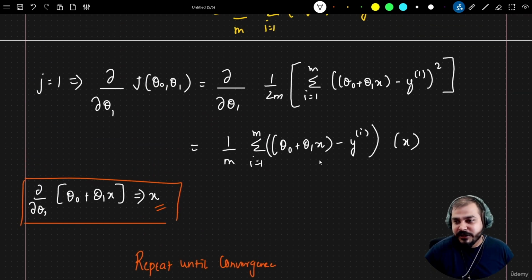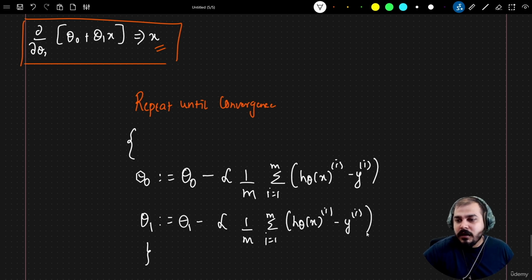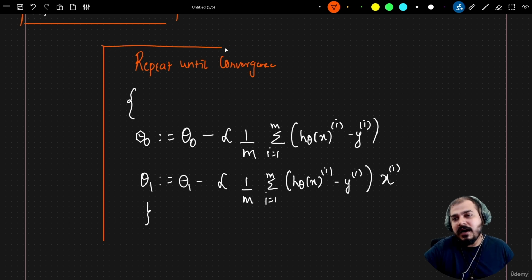This particular equation, right? So here I'm going to write 1 by m summation of i is equal to 1 to m, and again I'll be having h theta of x of i minus y of i, and here I'm going to use x of i.